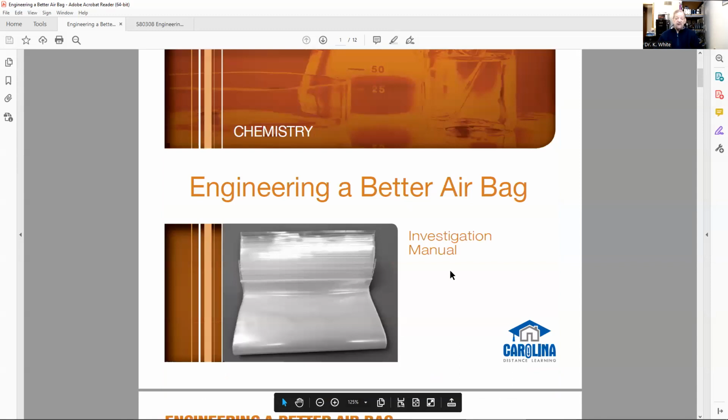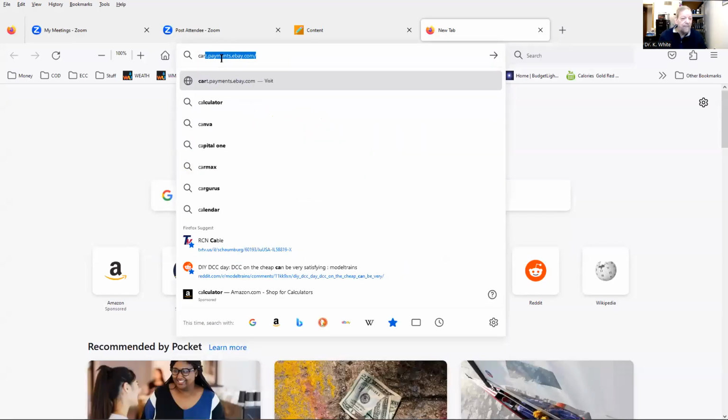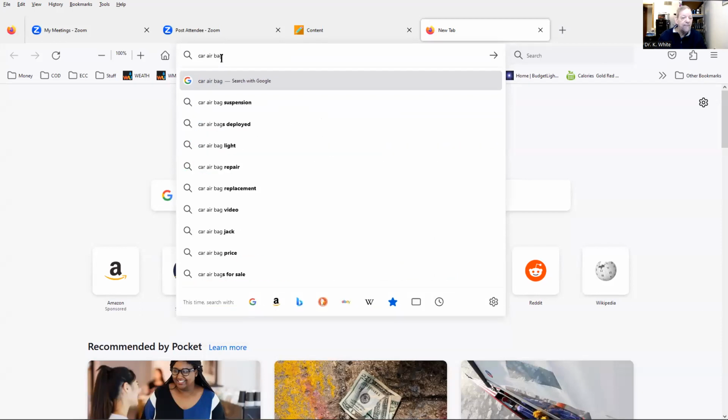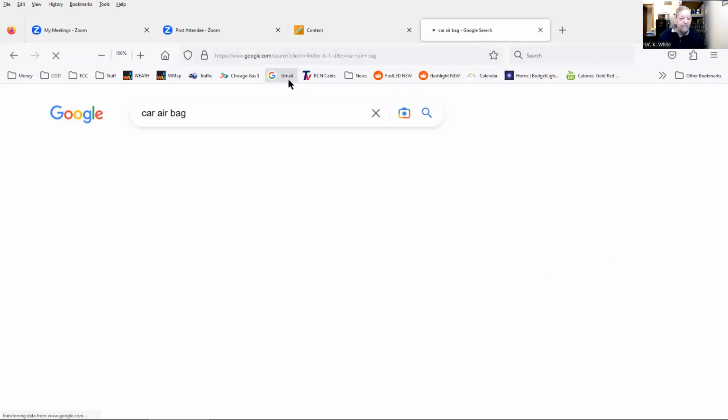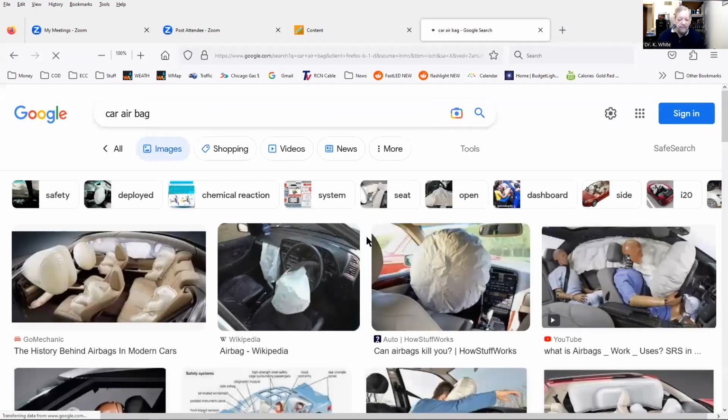You're going to be engineering a better airbag. I think you're all familiar with it.